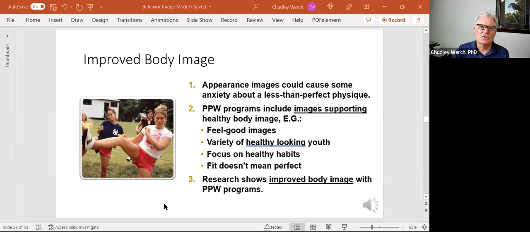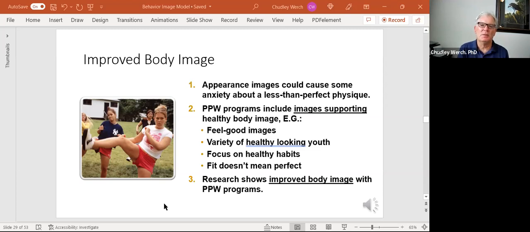Improved body image is what we've seen coming out of PPW programs. Now, you are addressing to a certain extent appearance images, and this can end up causing some discomfort for some youth. So we address this, and we don't want youth to engage in any unhealthy behavior. We want them to have a healthy body image.